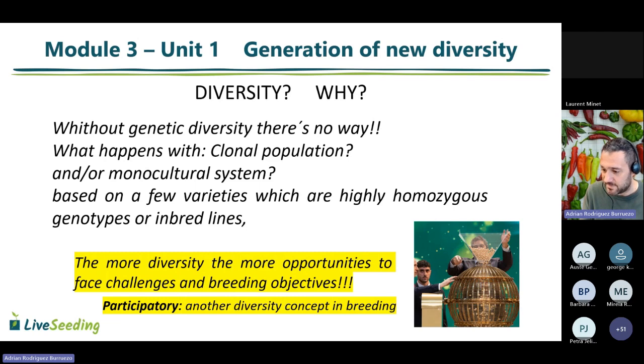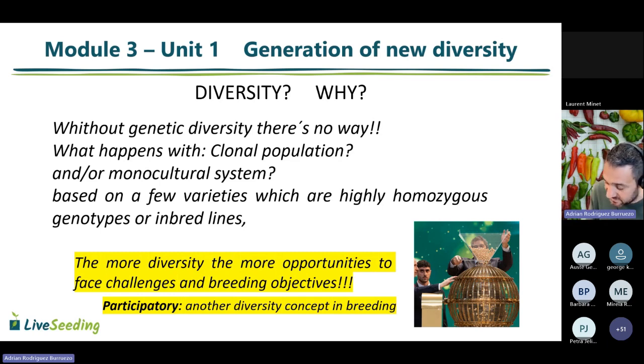With participatory, I mean giving the opportunity to different actors of the value chain, different socioeconomic actors linked directly or indirectly with the agri-food system, the opportunity of giving their opinion during the breeding process, during the process of selecting the best plant populations.